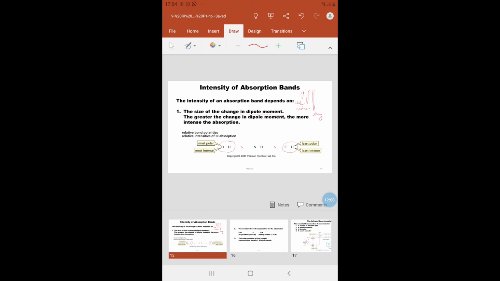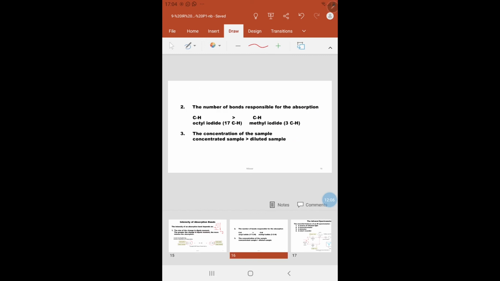Intensity means whether the peak is weak, medium, or strong. The second factor is the number of bonds responsible. When we compare octyl iodide and methyl iodide, there are about 17 CH in octyl iodide, whereas methyl iodide has only 3 CH. So the number of CH present in the molecule affects the intensity of the peak in the IR spectrum.